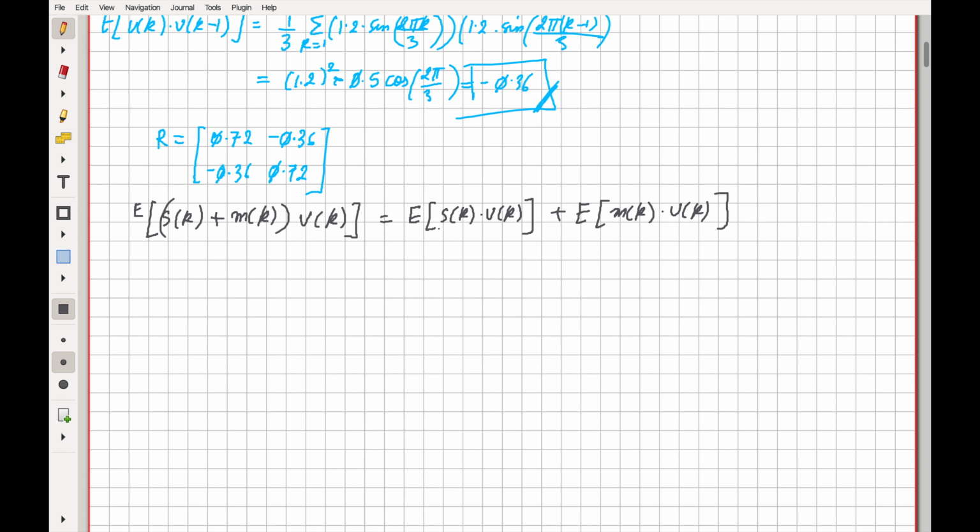Because this sk, which is the EEG signal, and vk, which is the noise coming from the wall, are independent and each tends to go to 0 if we average over time, this term goes to 0.